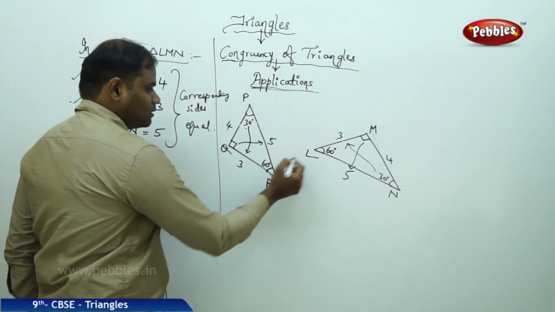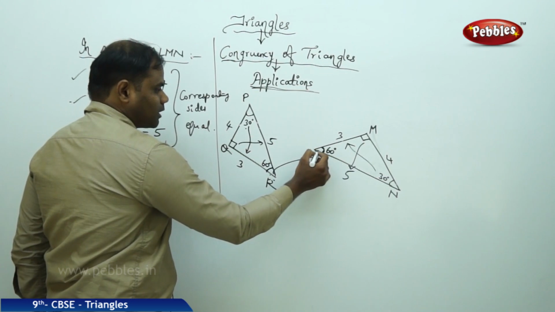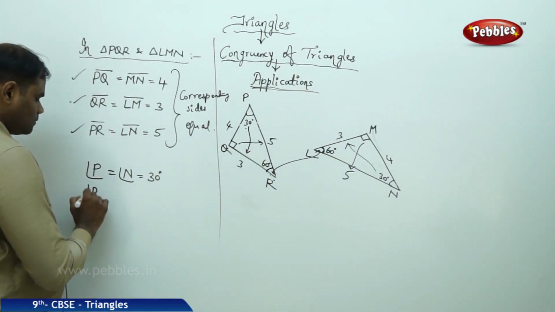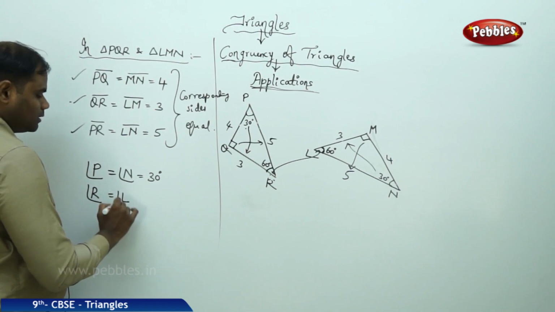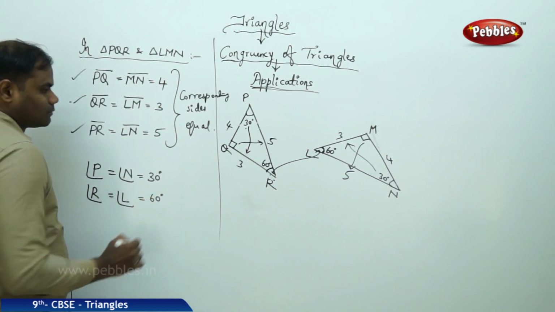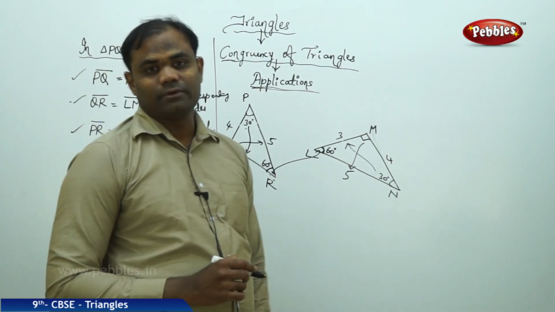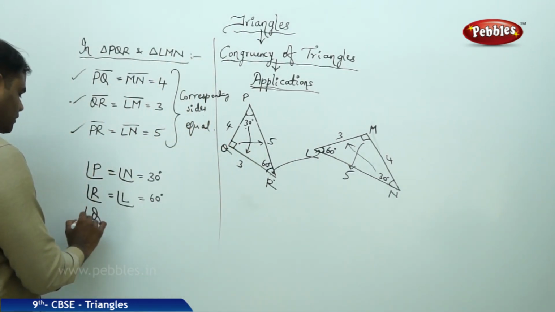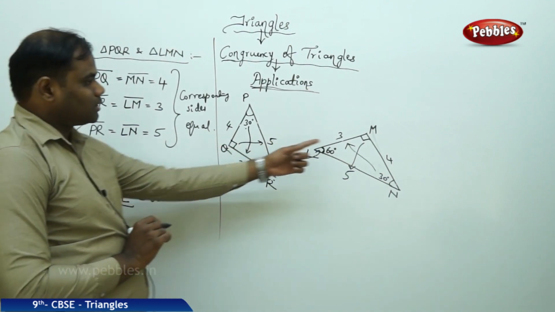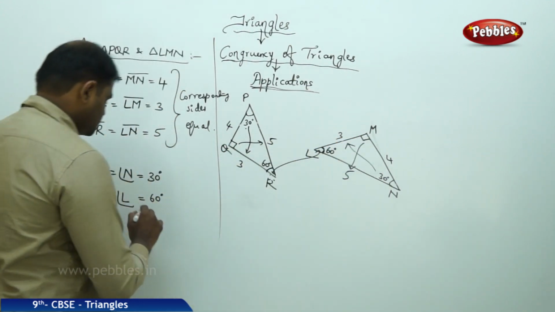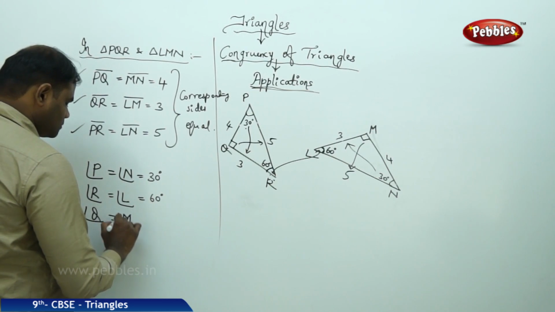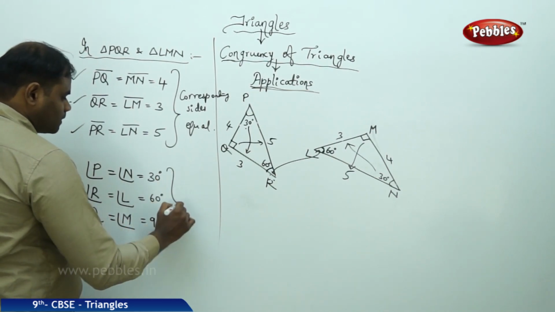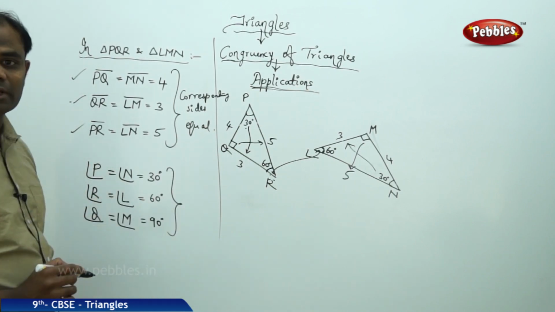This angle corresponds to the angle here. So my angle R is equal to angle L, which is equal to 60 degrees. Thirdly, my angle Q, which is 90 degrees, is equal to angle M, which is 90 degrees. Therefore, I have the corresponding angles equal.